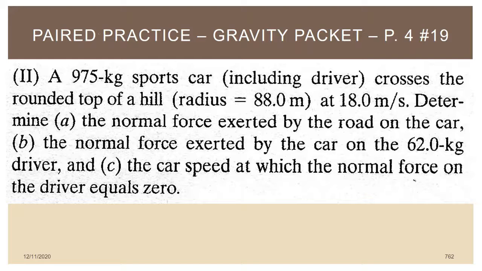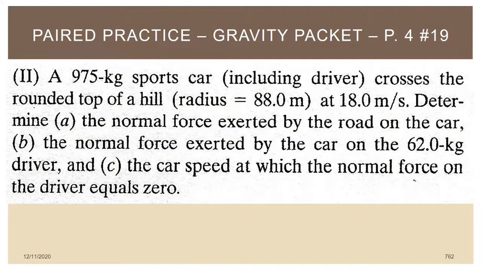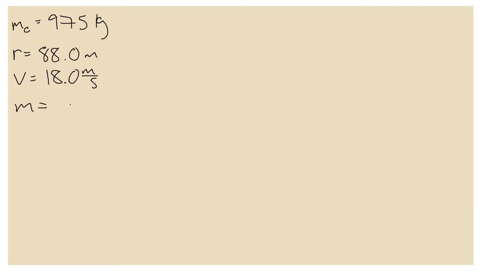We also have a radius of 88.0 meters, again a 3 sig fig thing happening here, and a speed of 18.0 meters per second. They also told us that the mass of the driver was 62.0 kilograms. And we're looking for, at least first, for part A, the normal force.